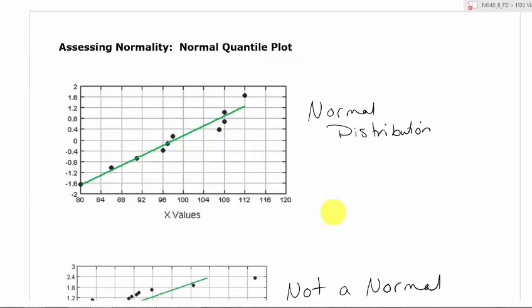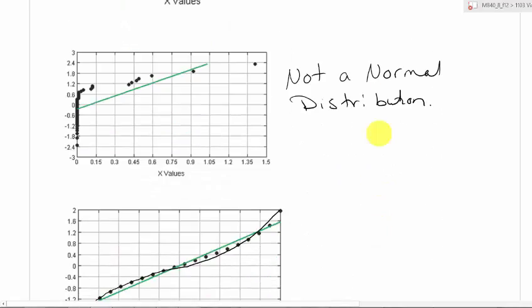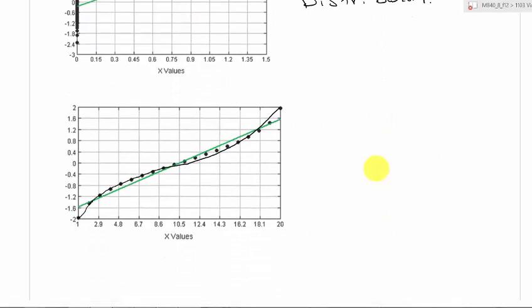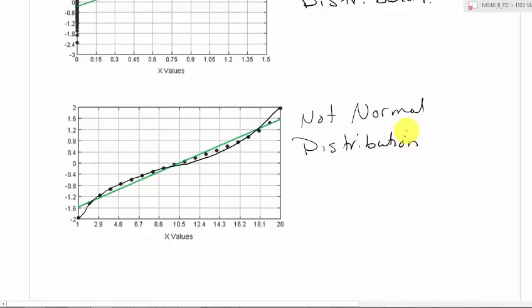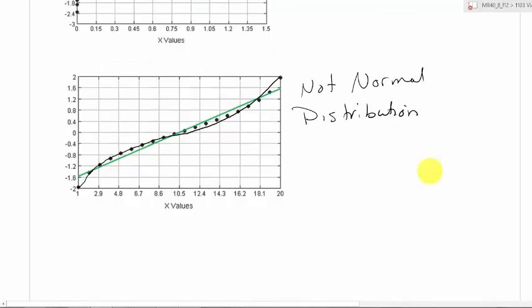You want that randomness to be there. When it's so nice and perfect and symmetric like that, then this is not normal. This data is taking on some other pattern more than likely, but not a normal distribution.